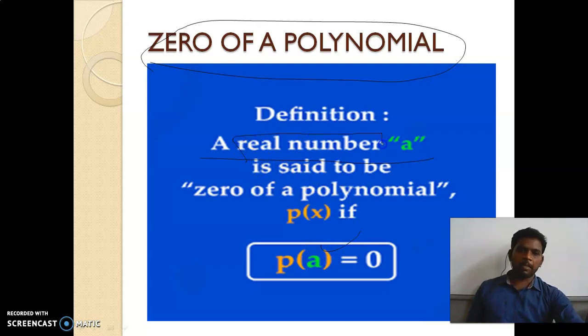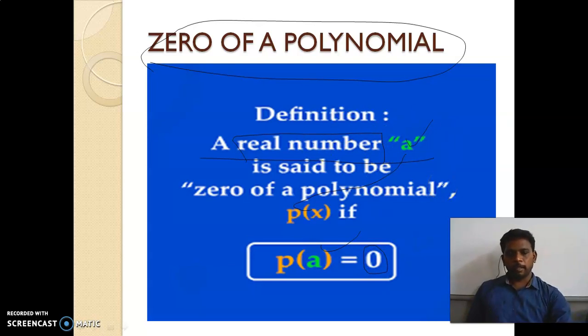You have already seen in the first chapter that a real number is a combination of rational and irrational numbers. So a can be any form of number: a root number or non-root number, a plus number, a minus number, or a fraction, whatever it is. If you replace x with this value and the value of the polynomial becomes 0, then that particular real number is a zero of the polynomial.